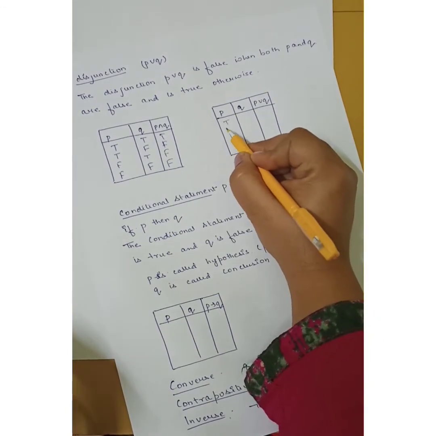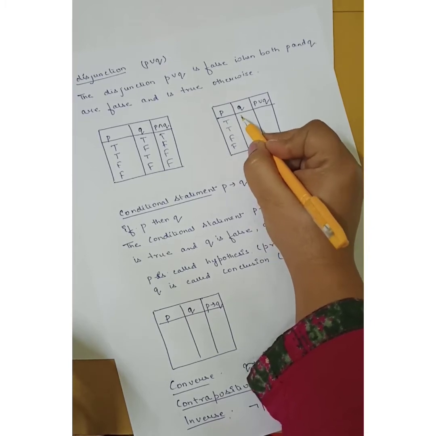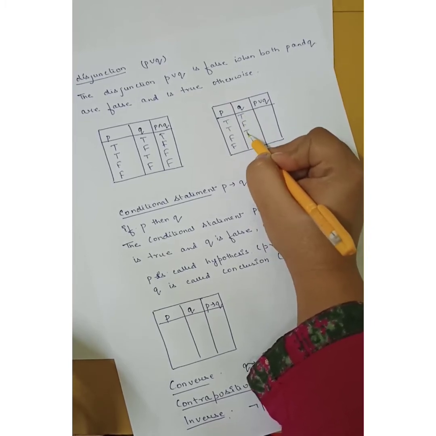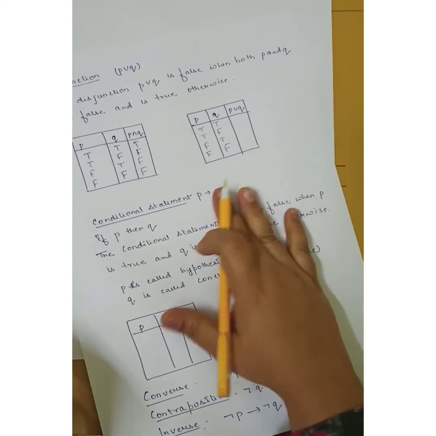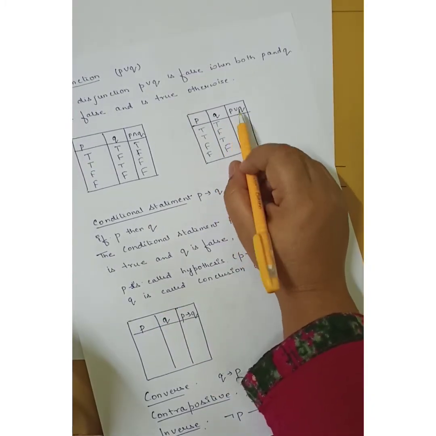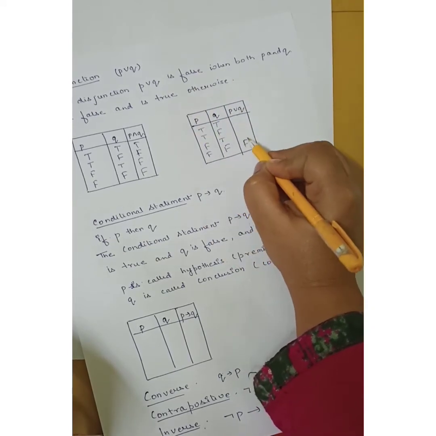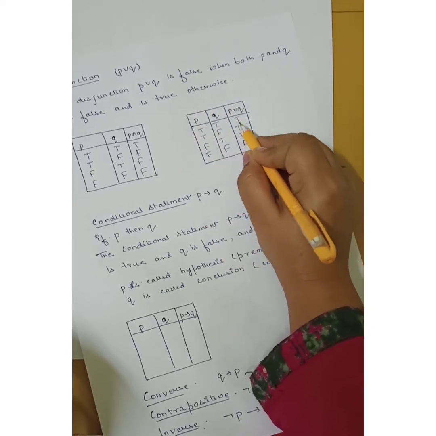And then we have the truth table of disjunction. We write all the possible combinations and perform the disjunction operation. The disjunction is false when both P and Q are false, so it is false there and true in the other places.